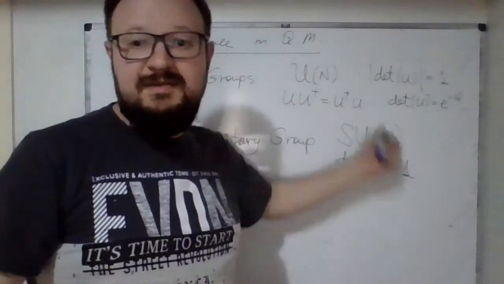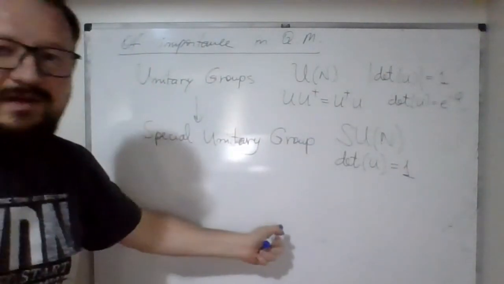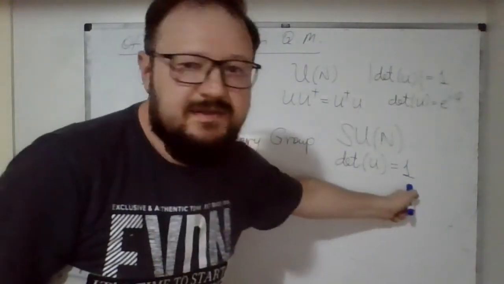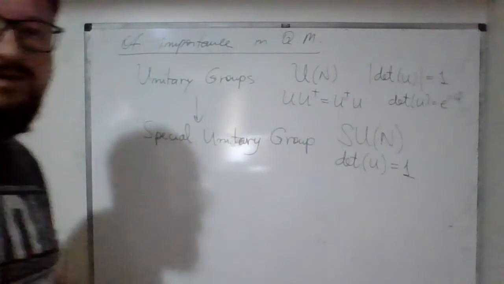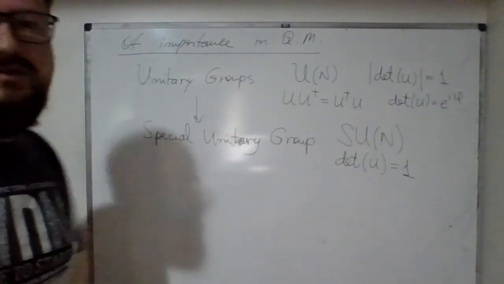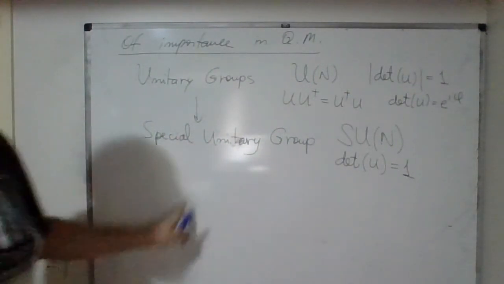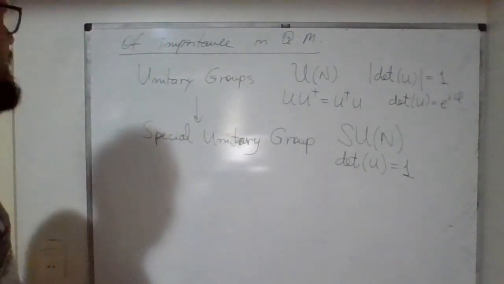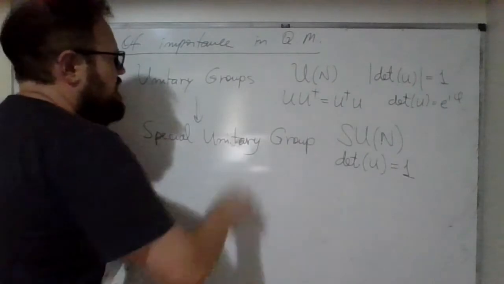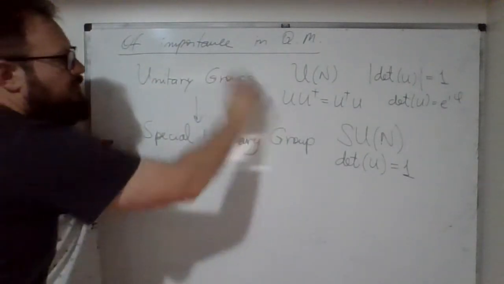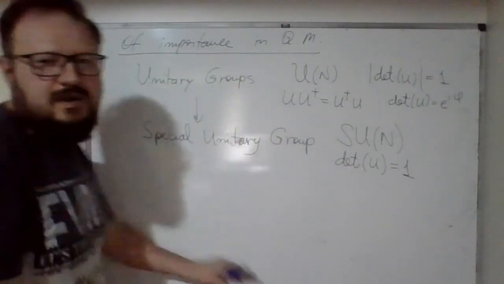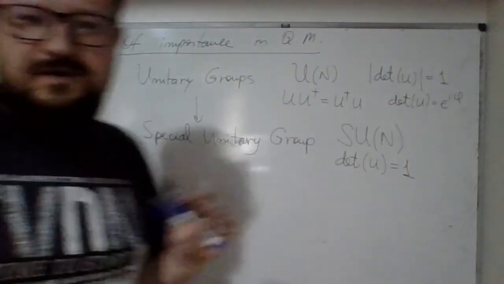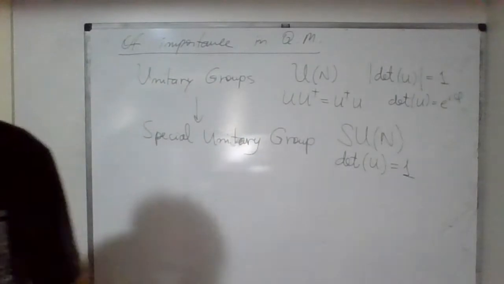But in the particular case of a special unitary group, the determinant is exactly 1. This defines special unitary groups. This puts some constraints on the generators of the group. All right, this is a very interesting aspect. It is a subgroup of this general group here, perhaps. Okay. Well, so far so good for Lie groups and Lie algebra.